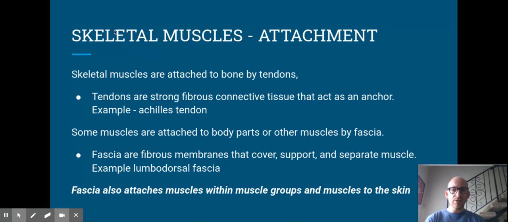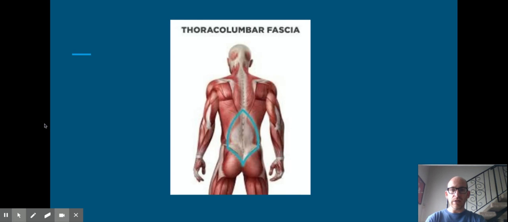Now, fascia does a few things. Fascia is a membrane that goes around the muscles and helps attach muscles within muscle groups. Like the quadriceps is made up of multiple muscles, so they're held together with fascia. But fascia also attaches muscle to bone as well. I'll give you an example of one of those here.